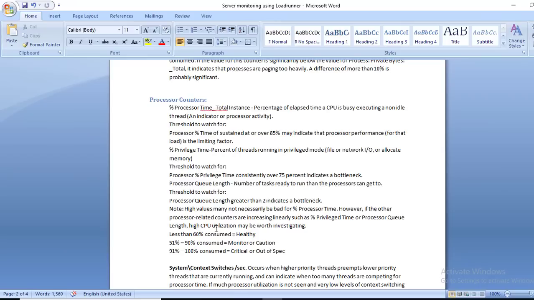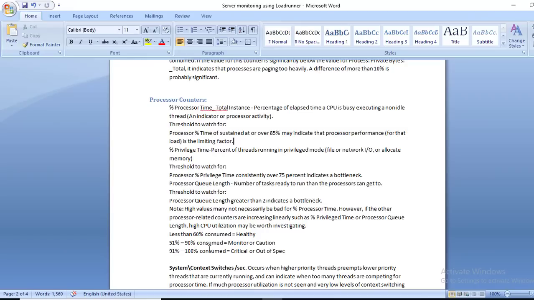The counter value should not exceed the threshold value given here. Like percentage processor privilege time should not be greater than 75%. Processor queue length should not be greater than 2. If it is greater than 2, it indicates a bottleneck.